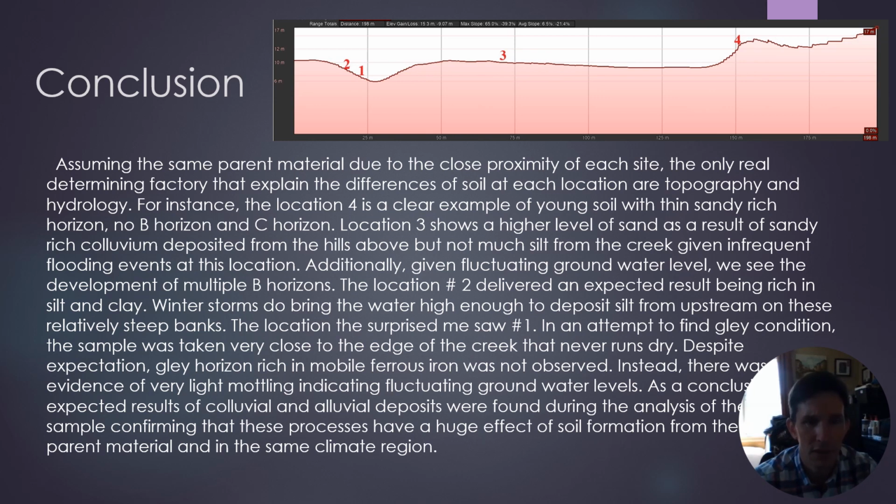Site 1 is what was unexpected, since we expected to find some clay conditions below the current watermark, but it wasn't there. Perhaps the clay layer there is very extensive, and the water doesn't have time to penetrate, and the mottling that I attribute to very light mottling doesn't go horizontally, but if we could see it with an auger vertically, perhaps as you move away from the edge of the water, the water, instead of fluctuating horizontally, more or less fluctuates vertically, and perhaps that is why we did not find clay conditions.